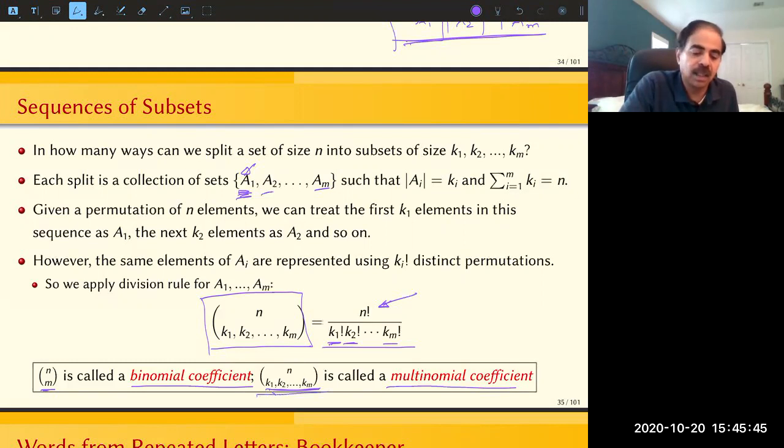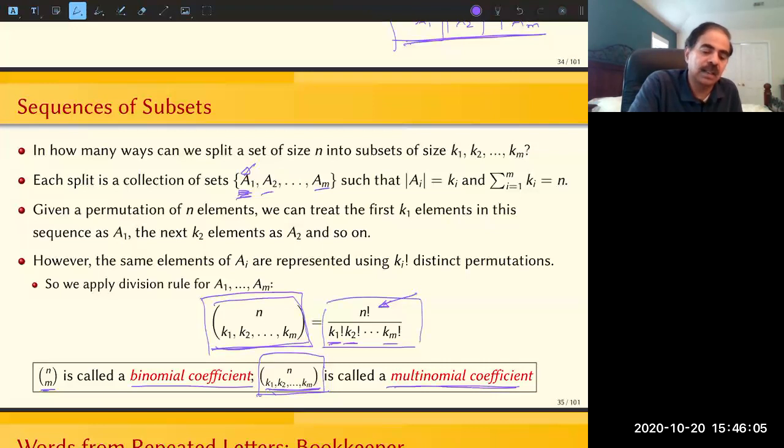That number, the ways of splitting a set of size n into m subsets with specified sizes, is called a multinomial coefficient. The naming is not important, but you can remember this notation. But most importantly, remember this particular formula that says how to solve this problem.